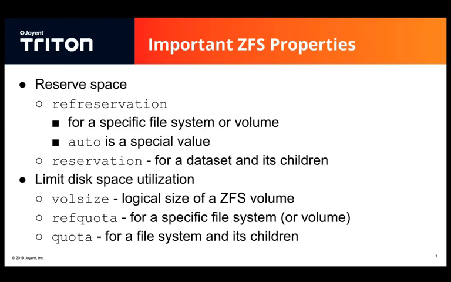It does not say anything about the amount of space that's available for snapshots or for child data sets. Auto is a special value, so if you do a ZFS set ref reservation equals auto for a volume, it will calculate the amount of space that's needed for the block pointers and indirect pointers and things like that.